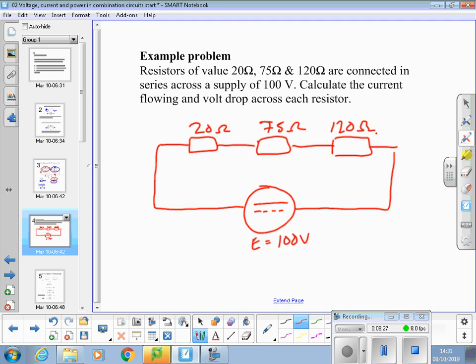We'll call that E. We'll call this R1, R2 and R3. Calculate the current flowing.